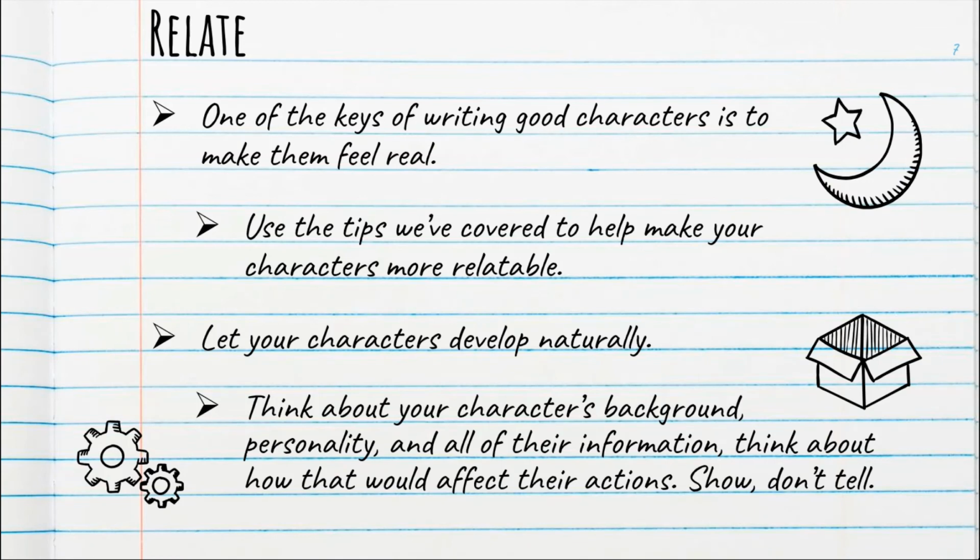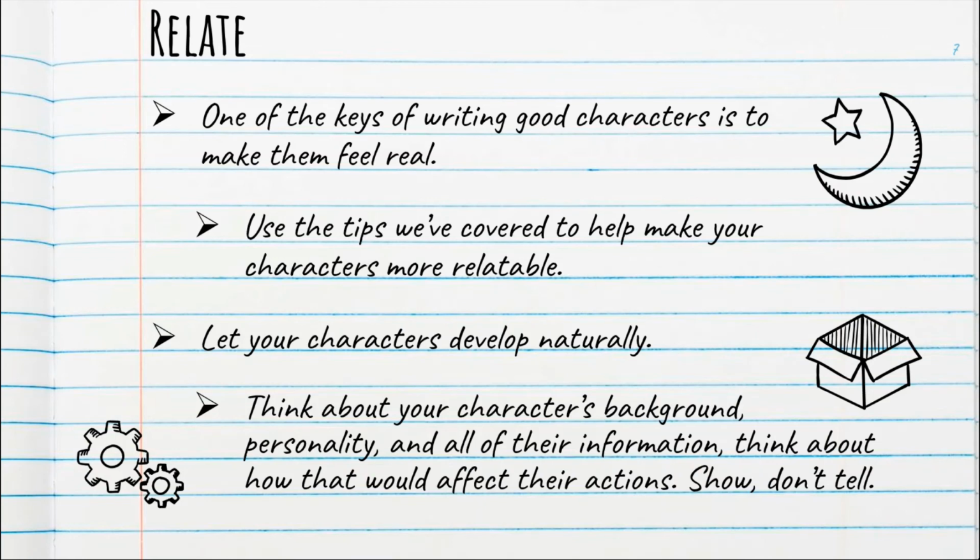But if I say things like, they shifted nervously, or they moved from one foot to the other, their eyes darting around the room, they kept fidgeting with their hands, that shows how they're nervous. Not necessarily why they're nervous, but it displays to the reader that they are nervous.